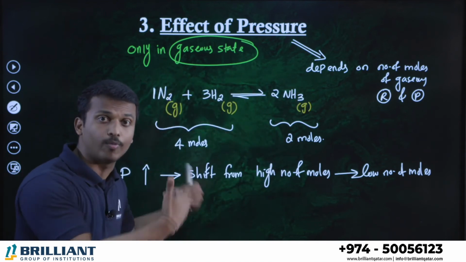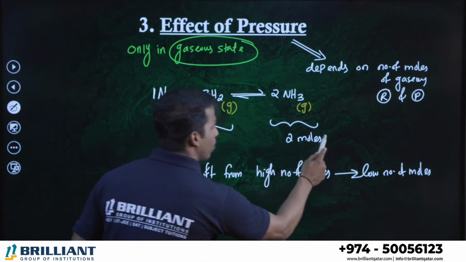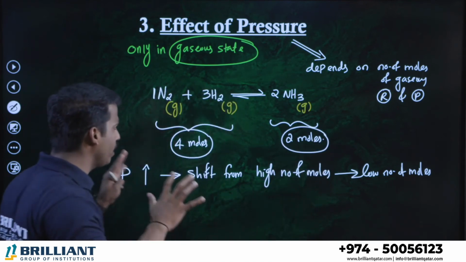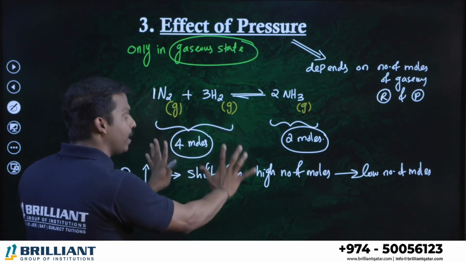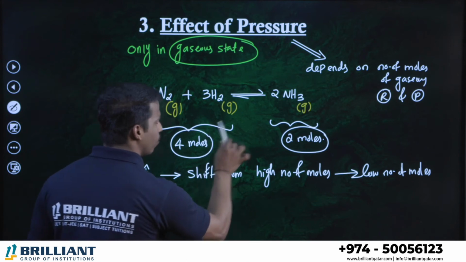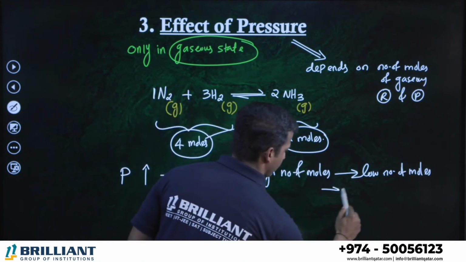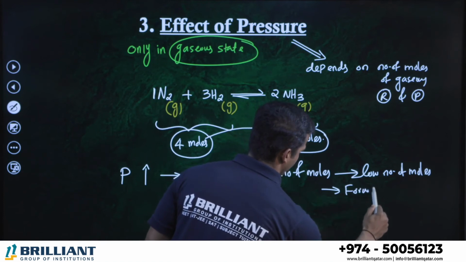Where is the higher number of moles? In this case, 4 moles. Where is the lower? 2 moles. So the reaction shifts from higher moles to lower moles. Which means, what is this reaction? Forward reaction.